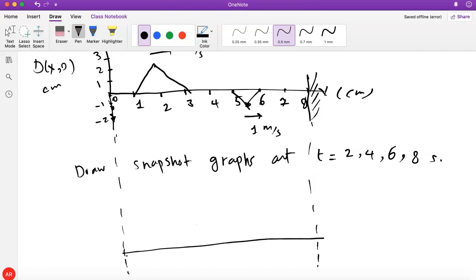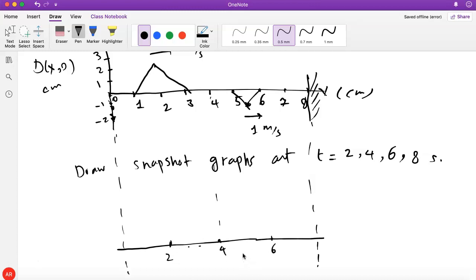We draw it here. 1, 2, 3, 4, 5, 6. Here I have 4, here I have 6, here I have 2.